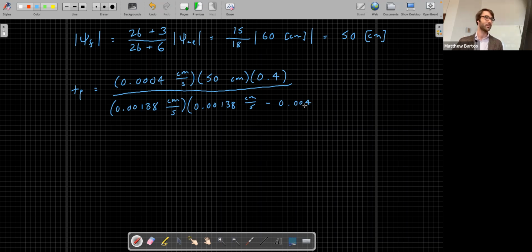Sorry, one more zero on there. 0.0004 centimeters per second. Okay, and that will give us a final value of 5,915 seconds.